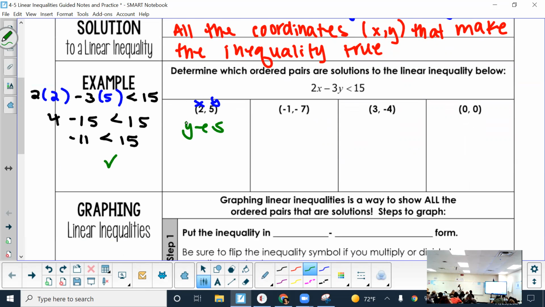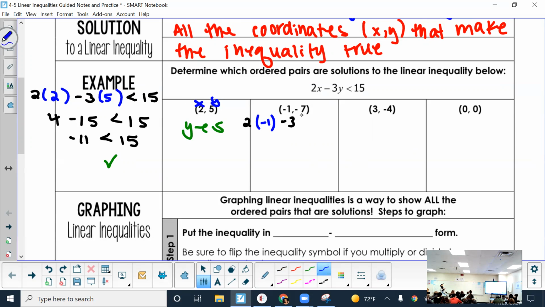But just like normal inequalities, there can be multiple answers. It's not just one solution like the equation. So try the next one. Okay. We have 2 times what this time? Negative 1. Good. Minus 3y, which what's y this time?